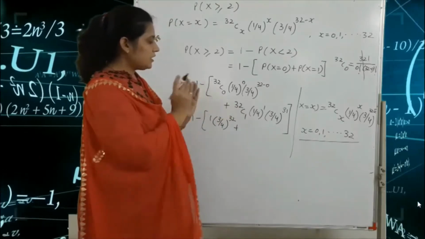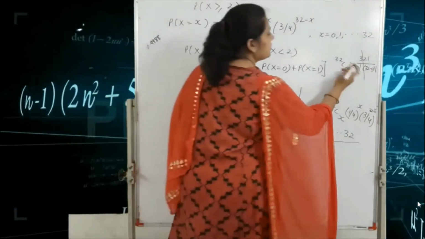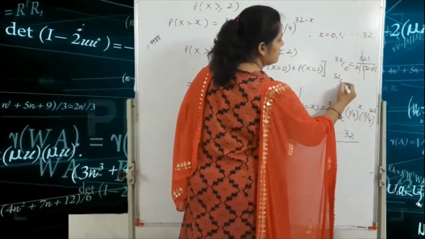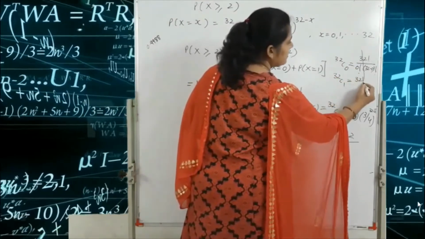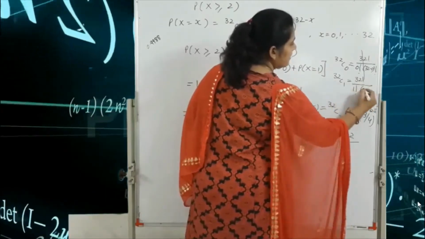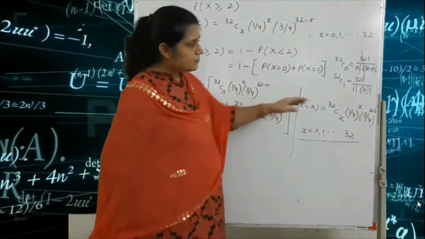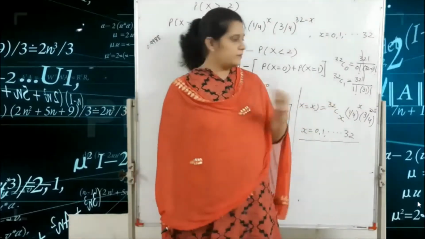32C1. 32C1 is factorial 32 over factorial 1 times factorial (32 - 1), that means factorial 31. Factorial 1 is 1.